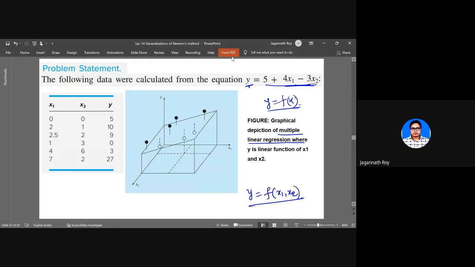That means this is a surface you try to fit. We are trying to approximate.